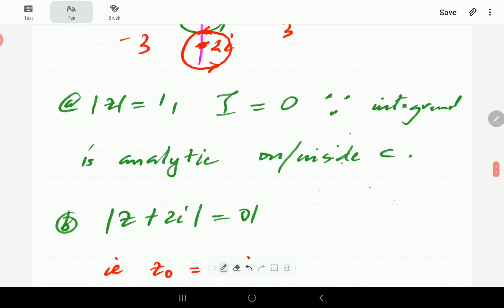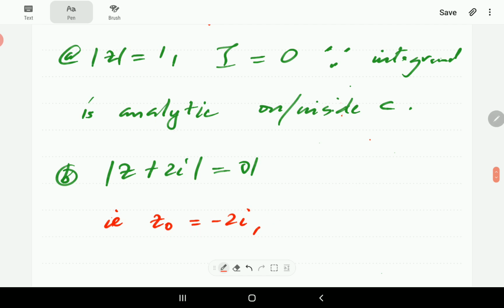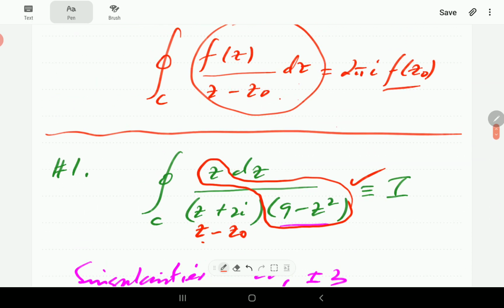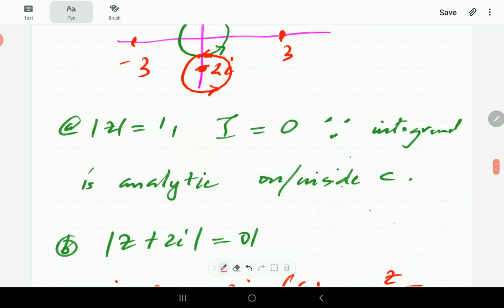So z naught is negative 2i, f of z is going to be z over 9 minus z squared, and then we just plug into the right hand side of this formula here.